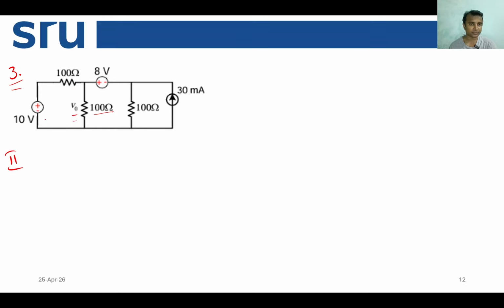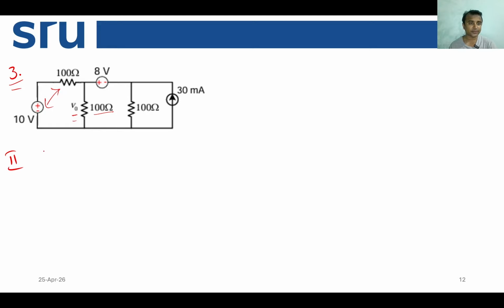So the second circuit will be, I told you that if you have left hand side and right hand side both with some elements, then keep on converting into current sources connected in parallel and having resistances also in parallel, so that will be easier for you. Here these two can be converted into a current source, and what is the current source value?